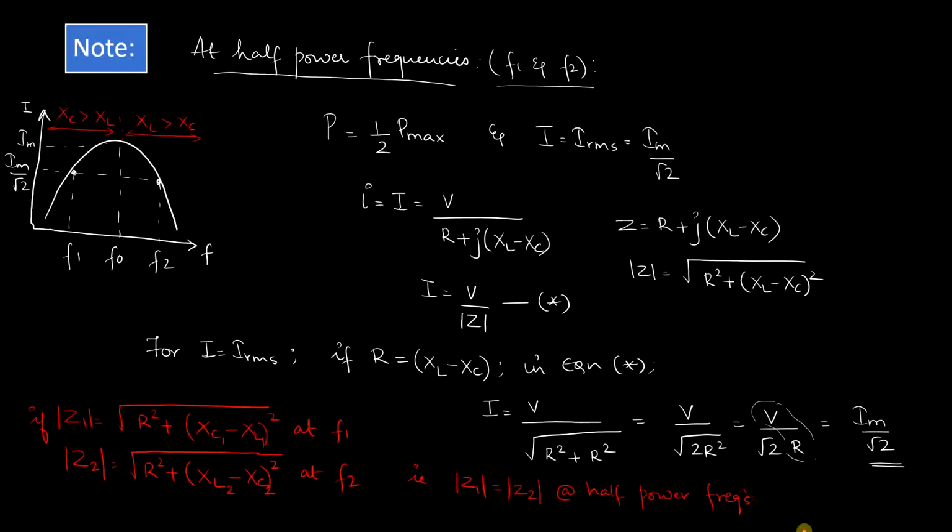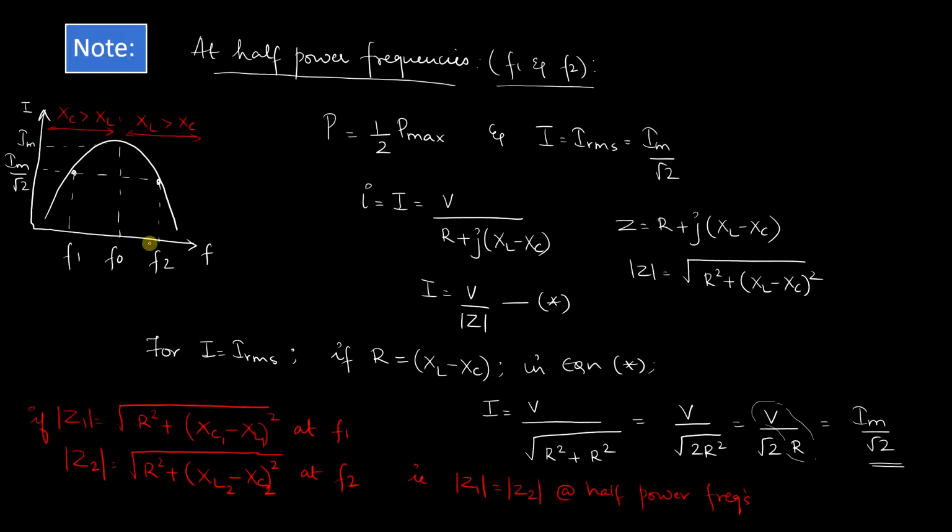What is the relationship between the current, voltage and the impedance? You have I equal to V by Z, right? So at half power frequencies, the current is the same. At frequency F1 and F2, current is Im by root 2. The applied voltage is not changing. Then the impedance Z1 will be equal to the impedance Z2. Clear? What about others?